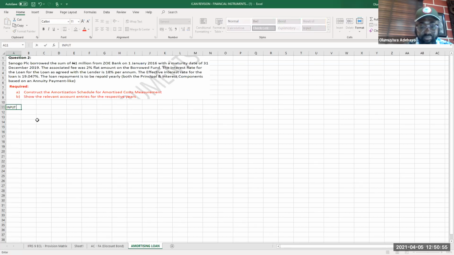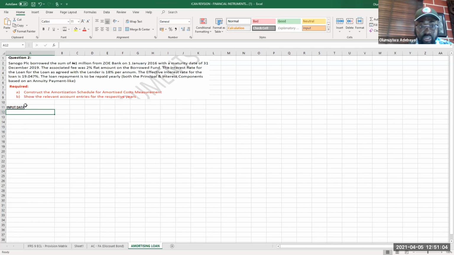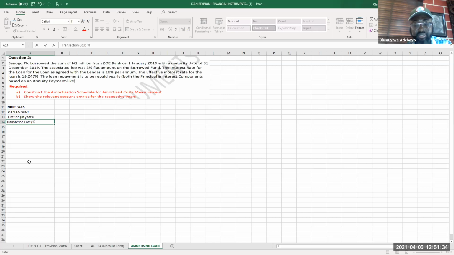My input data: loan amount, duration, transaction costs as a percentage, contractual interest rates as a percentage, effective interest rates as a percentage.